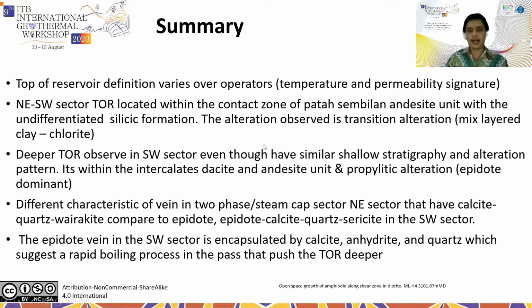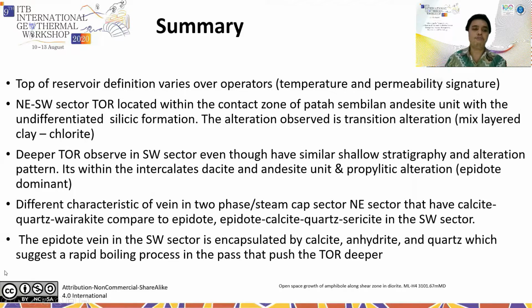It's located in the intercalated dacite and andesite unit with propylitic alteration. In terms of vein, the northeast sector has calcite and quartz as the dominant vein species, possibly related to the steam cap existence, and more epidote, calcite, quartz, and sericite in the southwest sector, confirming this is still a liquid-dominated productive zone.